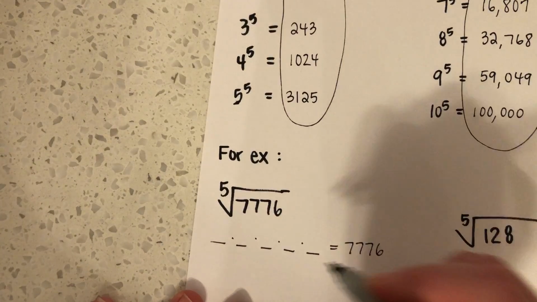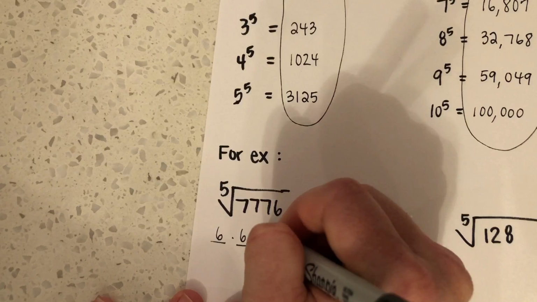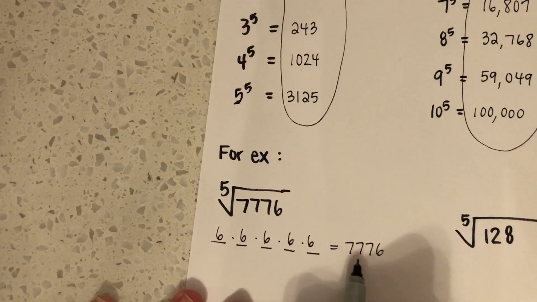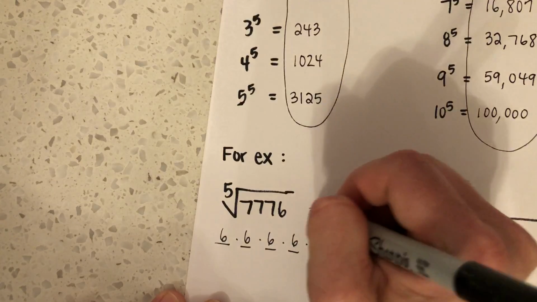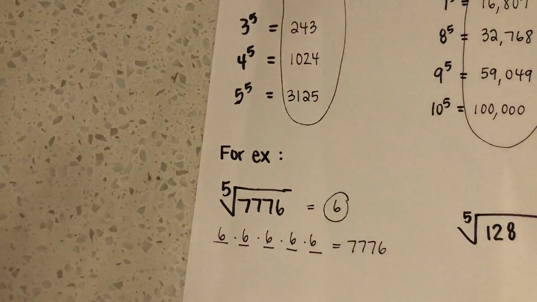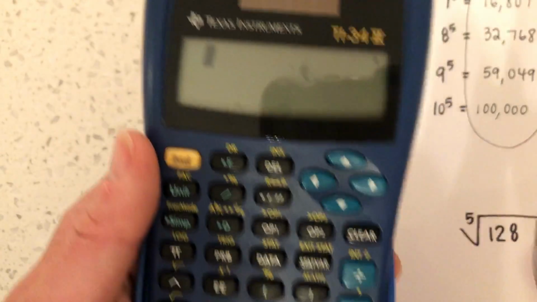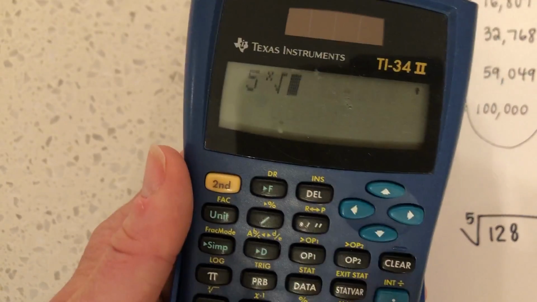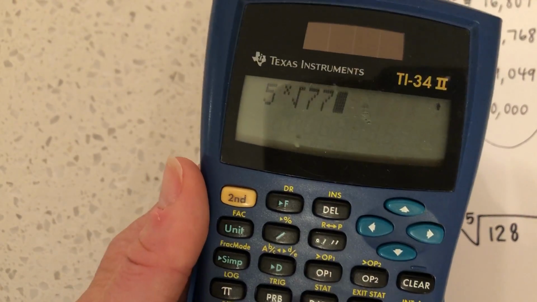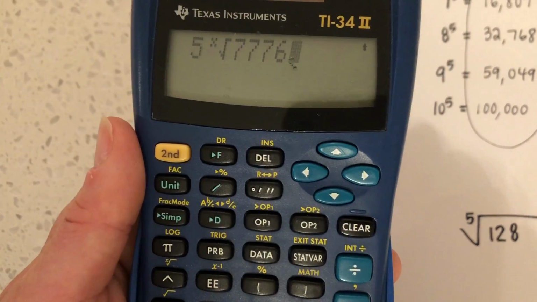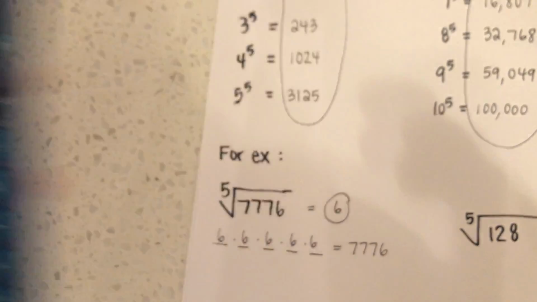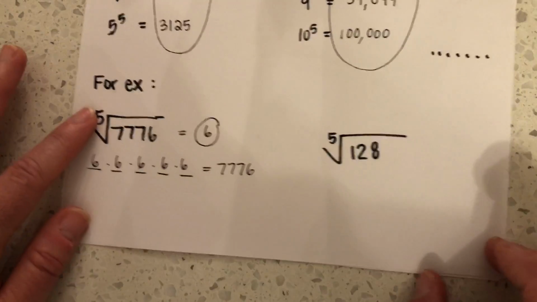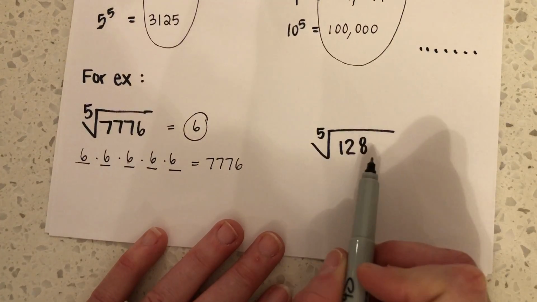That means that if you were to times 6 by itself 5 times, you would end up equaling 7,776. So the answer to this is 6. Okay? And you can even check it on your calculator. The 5th root of 7,776 is 6. Perfect.